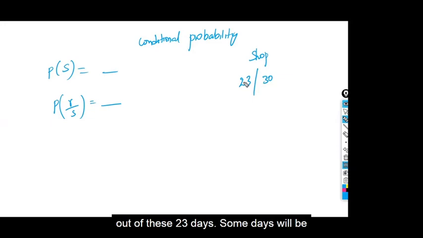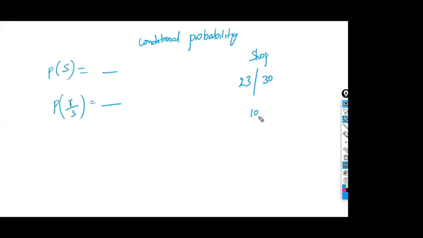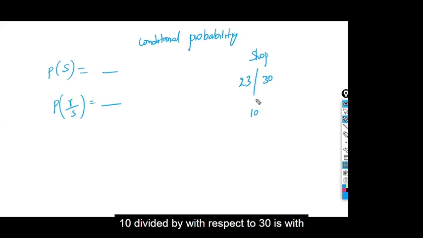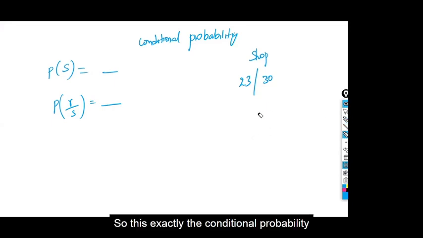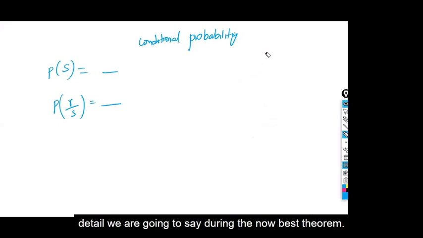Now, out of these 23 days, some days will be sunny, some days rainy. Out of 23, how many rainy days are there? Assume 10 days. 10 with respect to 30, and sunny with respect to 13, something. This exactly is the conditional probability detail we are going to see during the Naive-Bayes theorem.